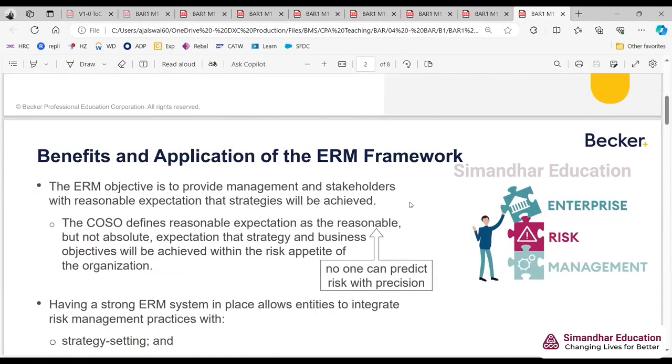Now, what are the benefits of this ERM framework, right? See, if you don't have the ERM framework in today's world, it's called a volatile world, right? Very volatile, very dynamic, and there are a lot of bad actors there to take advantage of you.